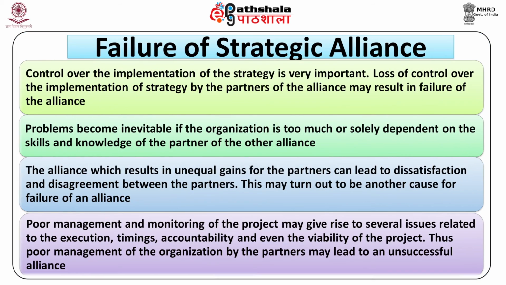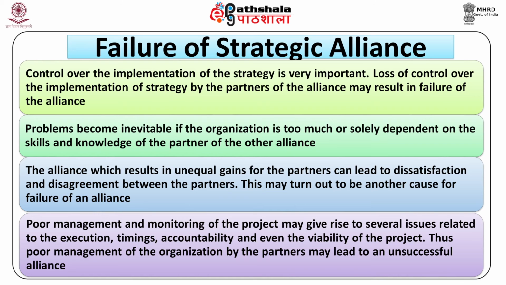Some of the prominent reasons leading to an unsuccessful alliance, as highlighted by Zamir et al. 2014, are as follows. First, control over the implementation of the strategy is very important. Loss of control over the implementation of strategy by the partners of the alliance may result in failure of the alliance.